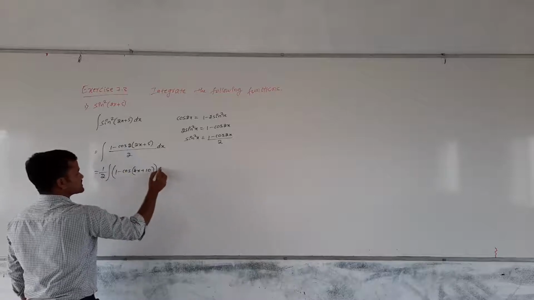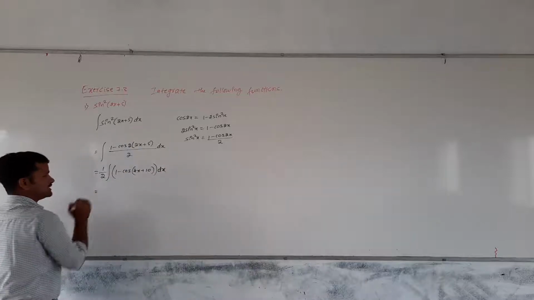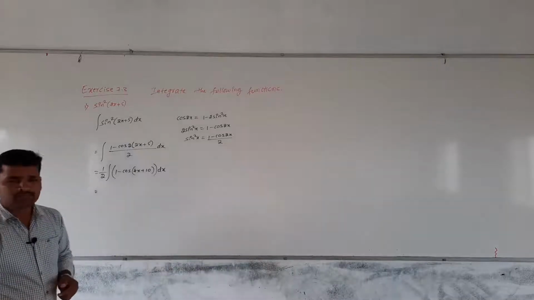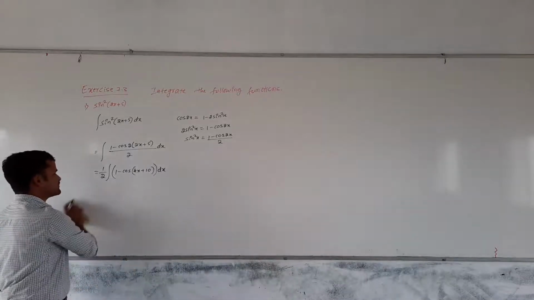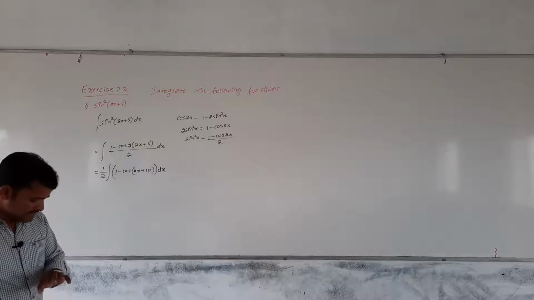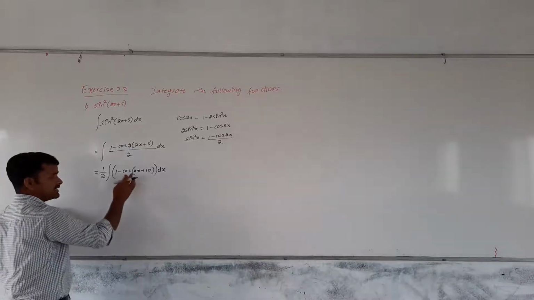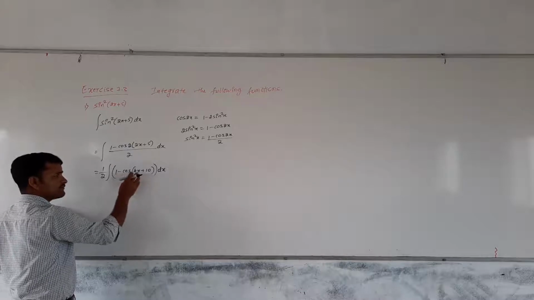Whole integration is with respect to x. Now, can we integrate this one or not? Yes, we can integrate. First one will be integration of 1 with respect to x, that is direct, and second one is integration of cos of 4x plus 10.